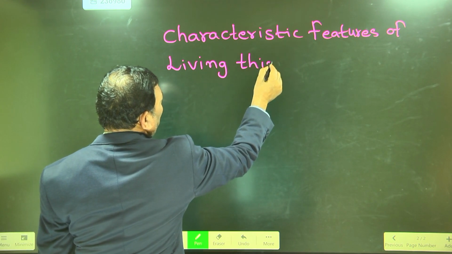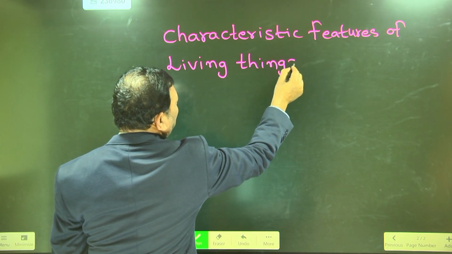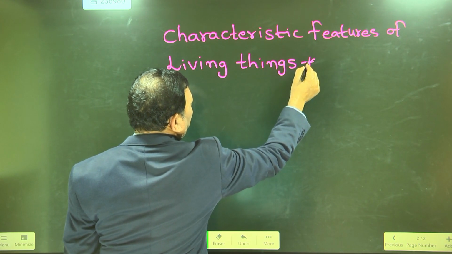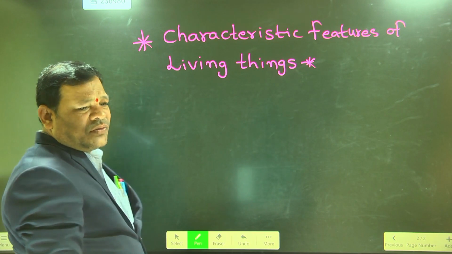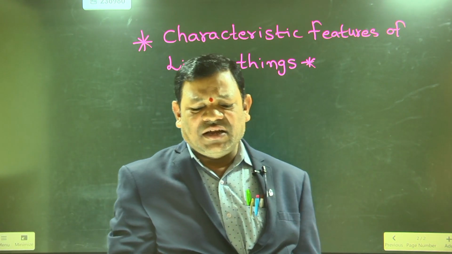What are the characteristic features of the living things?